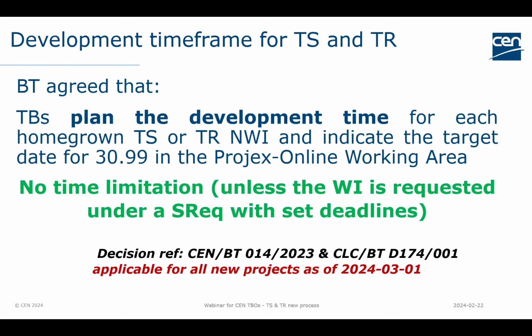So no time limitation, unless, of course, the work item is requested under a standardization request with set deadlines. Then, of course, the target date should be compatible with the dates which are stated in the standardization request. The decision will be, as mentioned here below on the slides, applicable for all new projects as of the 1st of March.